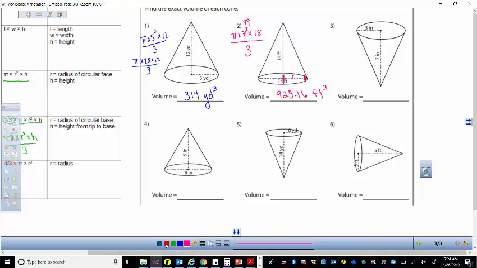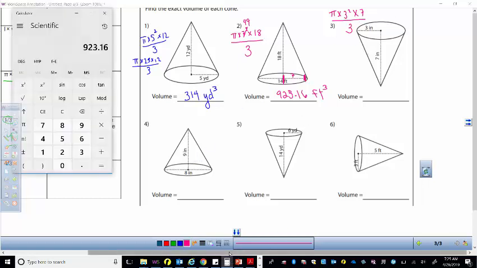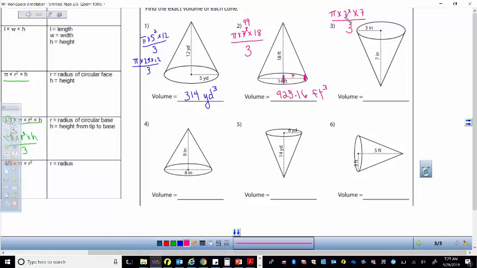Okay, so this next one is still a cone, it's just upside down, kind of like an ice cream cone. That one looks more like an ice cream cone. So we're going to have pi times 3 squared times 7, and after I do all that, I'm going to divide by 3 because it's a cone. So 3 squared, we need that first. 3 times 3 is 9.